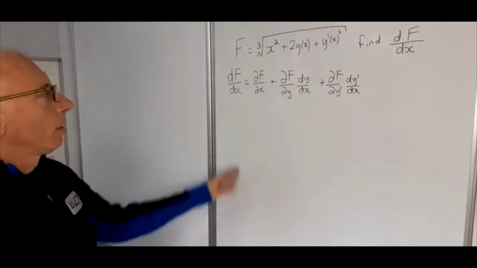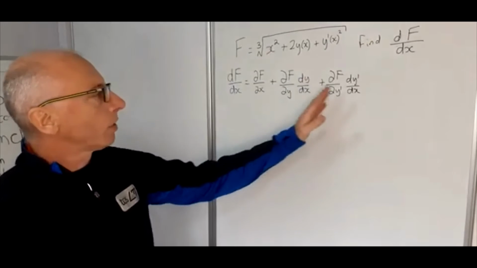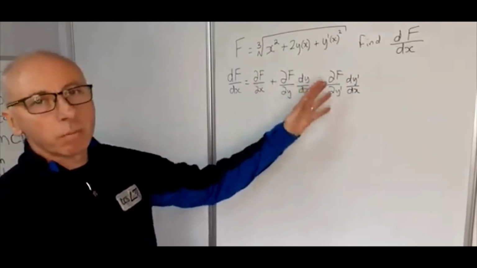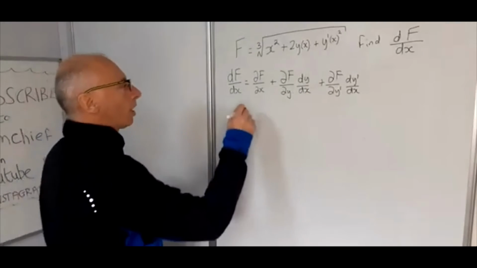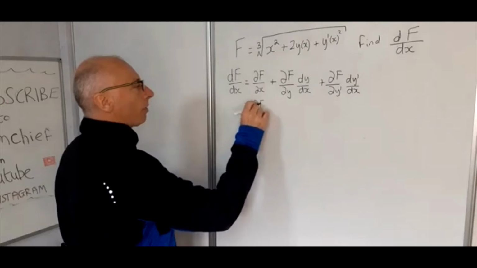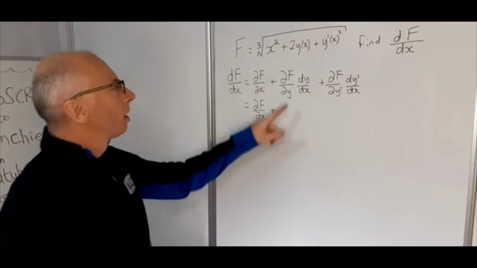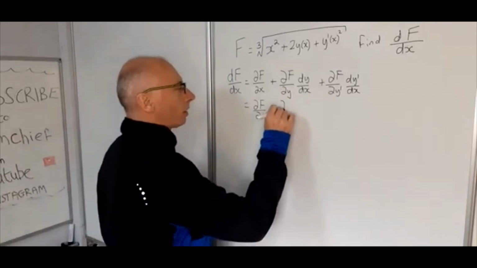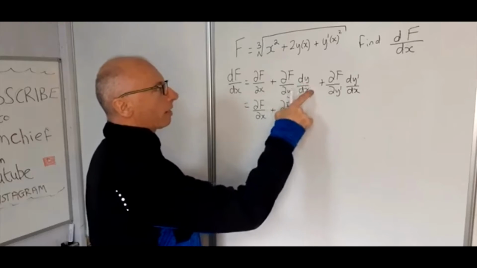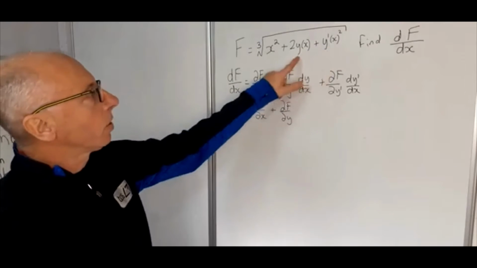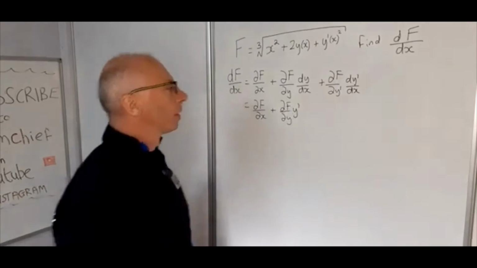Okay, so now what we could simply do is just go through this term here, plug in all these values and see where we get to. But we could also simplify this up a little bit. So we can now say the partial of f with respect to x plus partial of f with respect to y, and then dy/dx, just to try and get it in similar terms as we got here, I'm just going to write that as y prime.